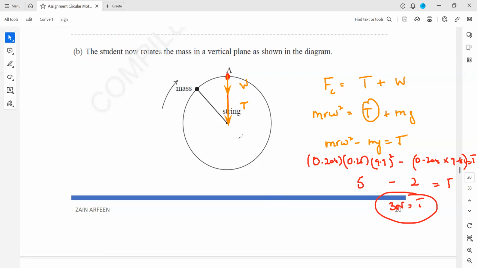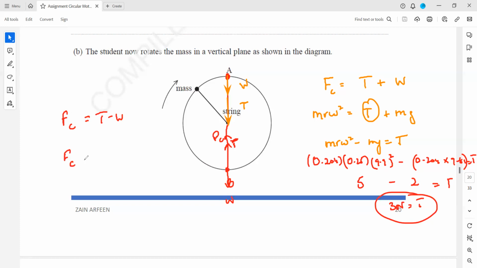If the same question was asked, for example, with the object at position B and you need the tension, here the tension is acting toward the center, the centripetal force is toward the center and the weight is downward. So centripetal force is actually the resultant force, and we can say that the centripetal force is the tension minus the weight.